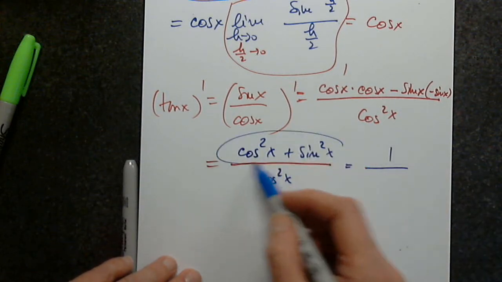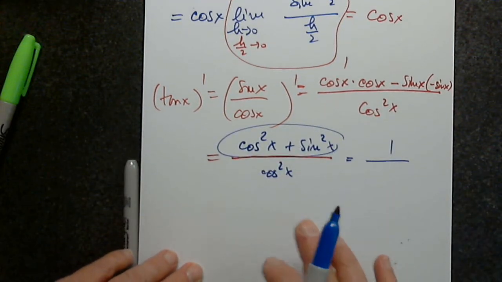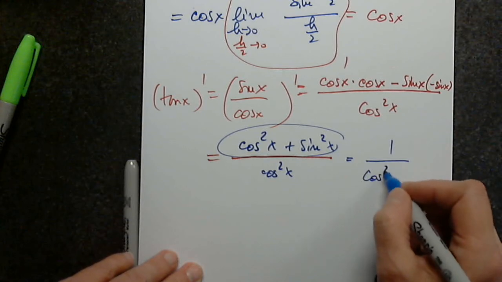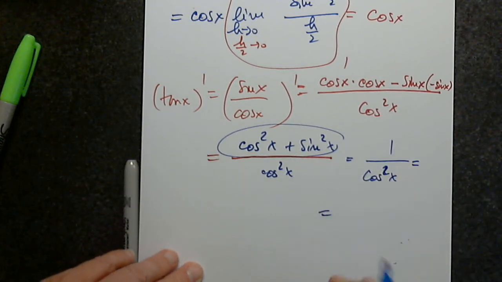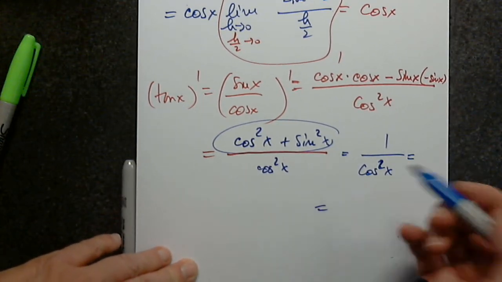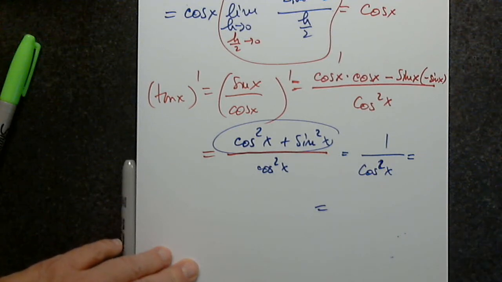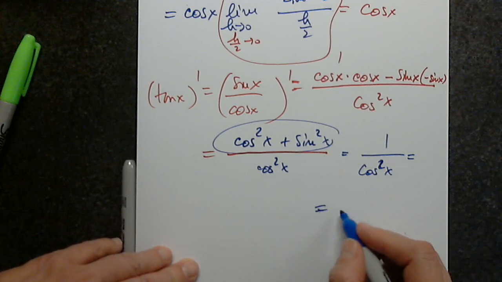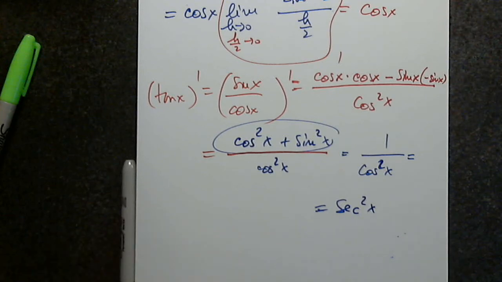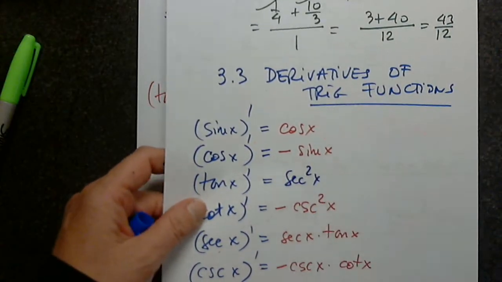Exactly. This is another identity. That equals 1 over cosine squared. But we know what trig function is 1 over cosine. Secant squared x. And now we have the entire table of derivatives of trig functions. So secant squared x.